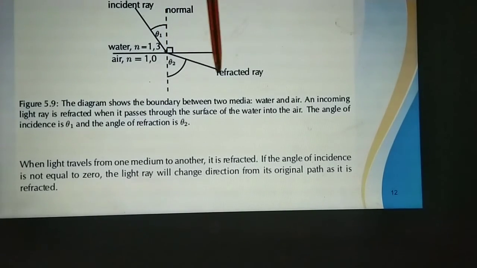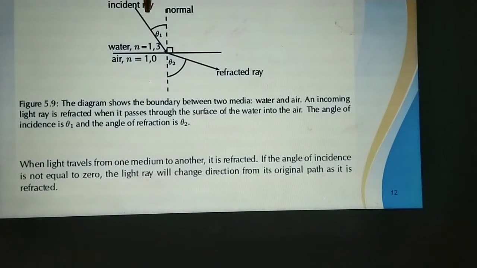That is why it bends like this, and it is then refracted. So we end up having the refracted ray. And then we do have the normal here, which forms 90 degrees here. So this is water and this is air. In water we say the refractive index is 1.3, and in air it is 1.0.